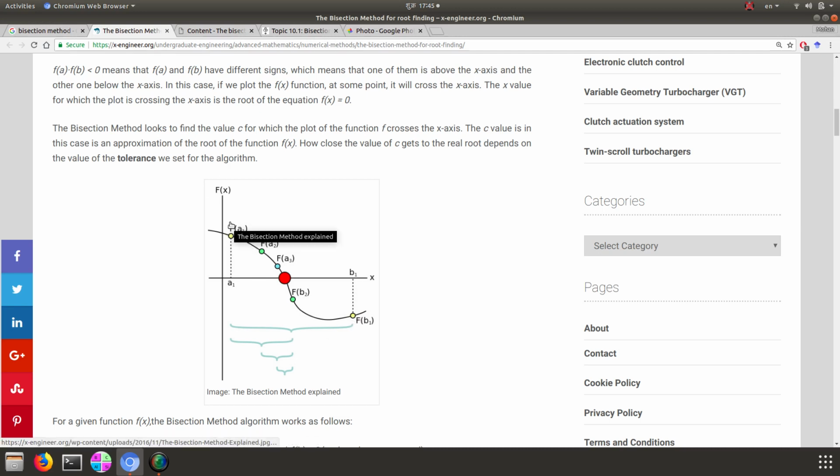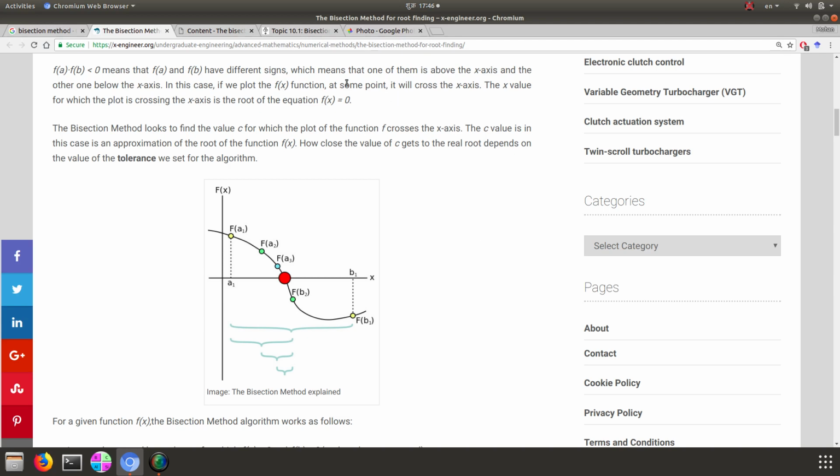For instance, if f of a1 is positive, then f of b1 should be negative, or vice versa. So the given 2 points should have opposite sign of functional value. This is the theory. Now let us move on to how we can solve this problem by using Fortran code.